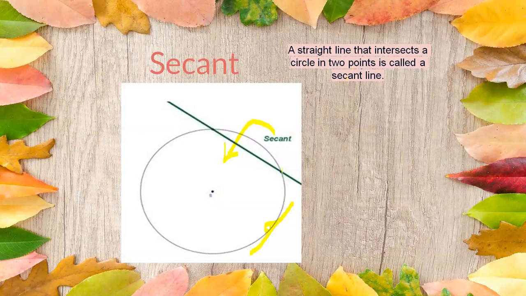Look over here, it intersects a circle at two points. While a tangent is a straight line that just touches one point. But a secant touches this point of a circle and this point of a circle. What is the meaning of intersects? Cut. A straight line that cuts a circle at two points is called a secant line.